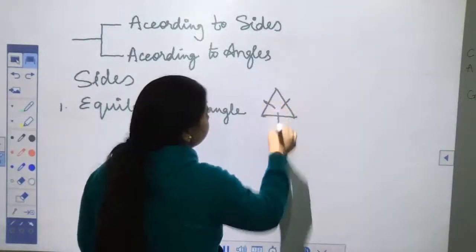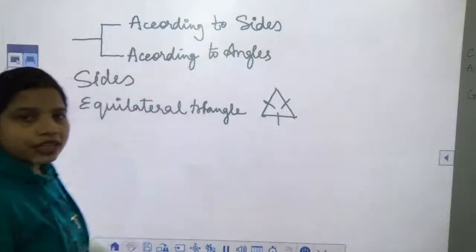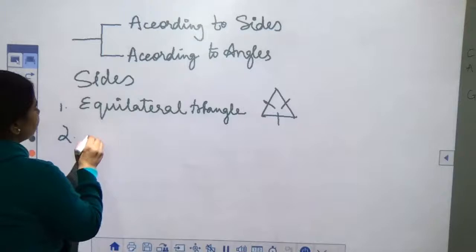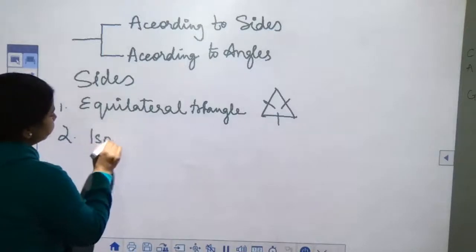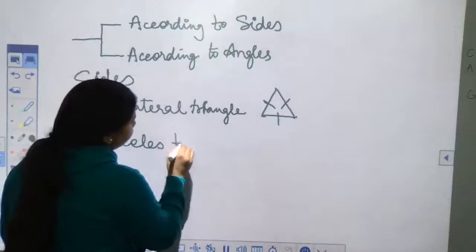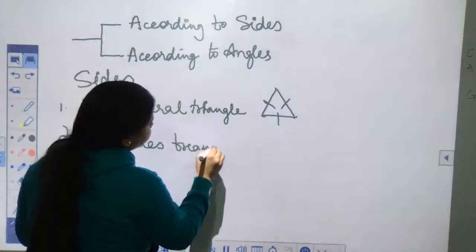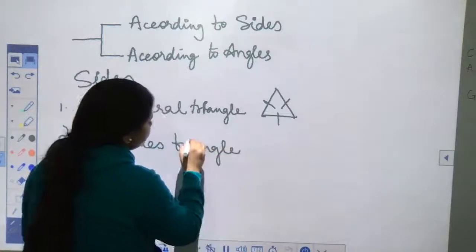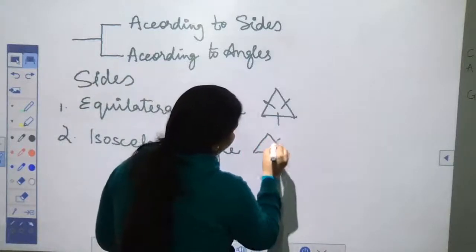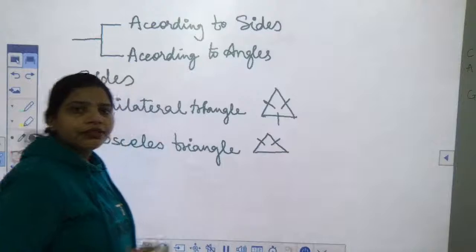Second is isosceles triangle. Isosceles triangle contains two sides equal and one different.